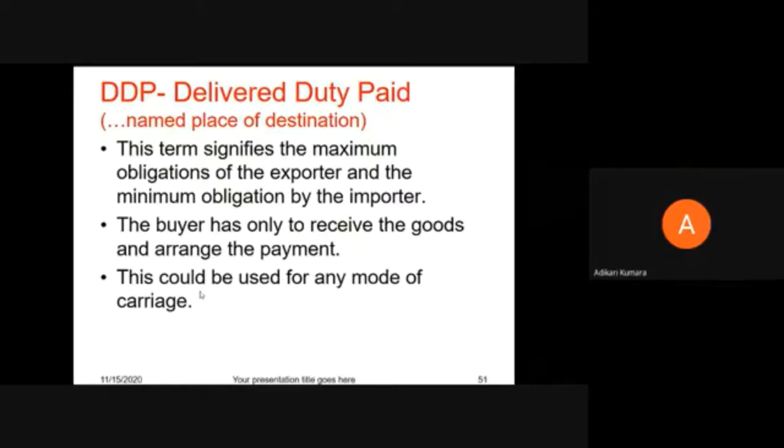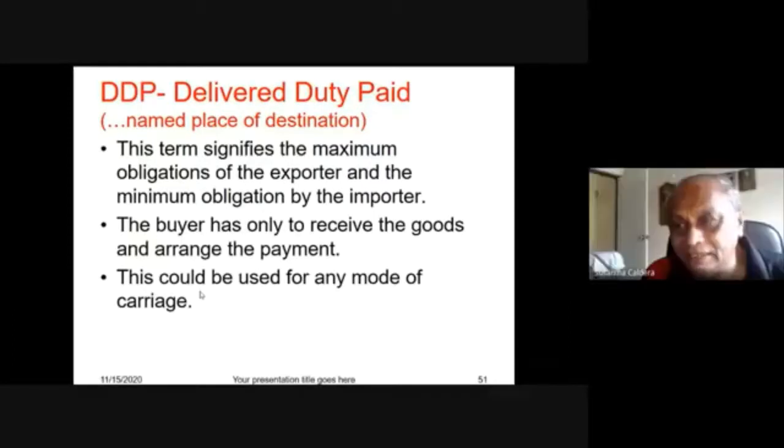Destination. Who is the importer and who is the exporter? Exporter London, importer Colombo?